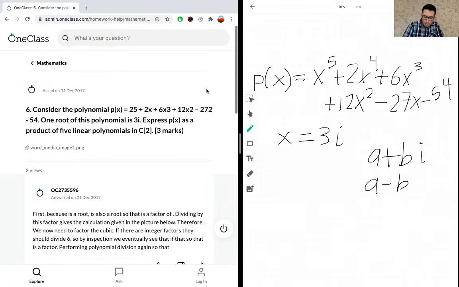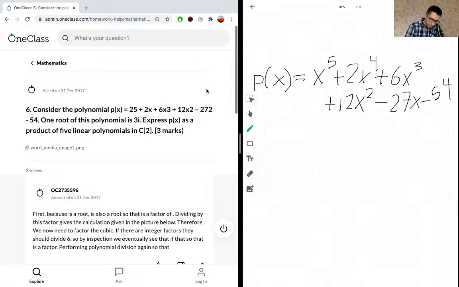So in this scenario, we know that the conjugate of 3i is negative 3i. So actually, the question helps us infer two roots of this polynomial. So knowing that we have 3i and negative 3i as roots, we can write that out over here.